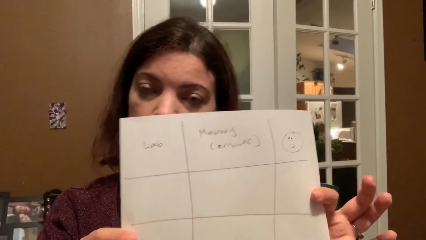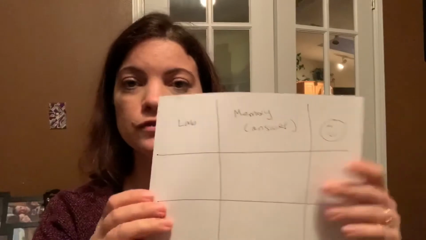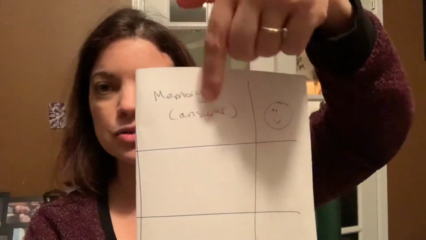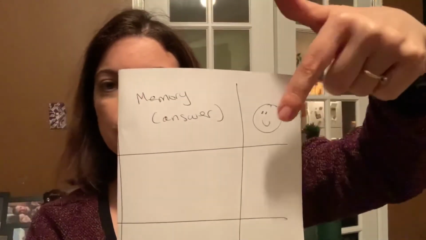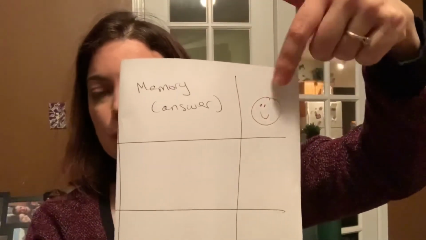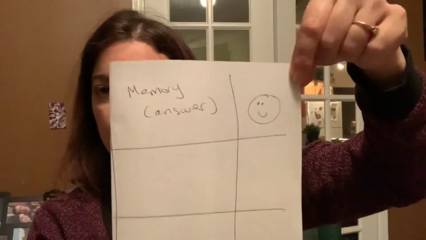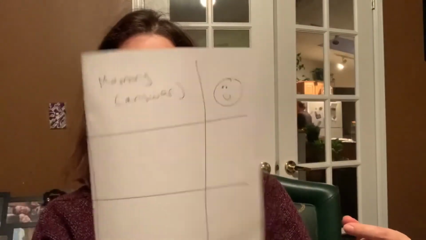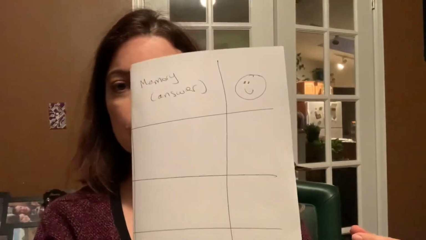My recommendation is that when you print it out, you just fold it along this line. So you're going to have the lab on one side, and then the answer and the memory trick and the image that goes along with the memory trick on the other side. You just study by looking here, and then looking here, and looking here.